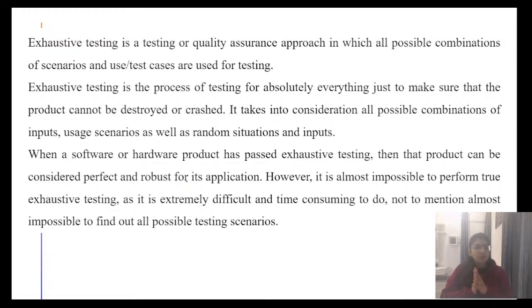Exhaustive testing is the process of testing for absolutely everything just to make sure that the product cannot be destroyed or crashed. It takes into consideration all possible combinations of inputs, usage scenarios, as well as random situations and inputs.